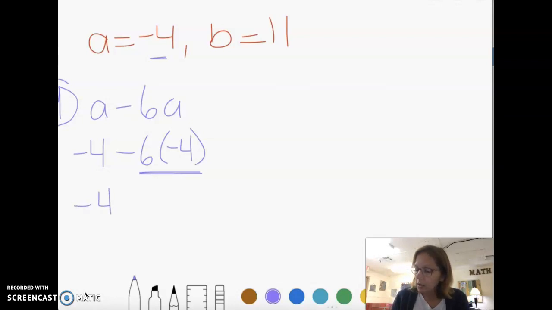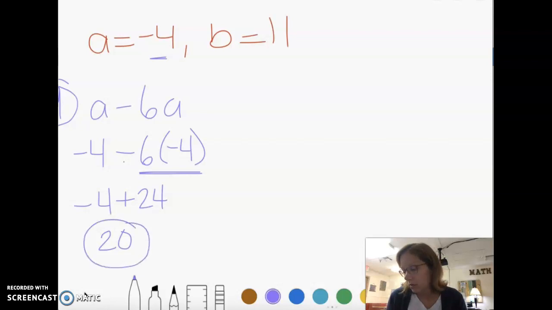And then I'm going to do negative 6 times negative 4, which is going to give me a positive 24. And yes, you can use your calculator for these. And then I'm going to do this final step. I have a negative 4 and a positive 24. The signs are different, so I subtract. I'm going to get 20 when I subtract those two. The 24 is bigger and it's positive, so my answer is positive.